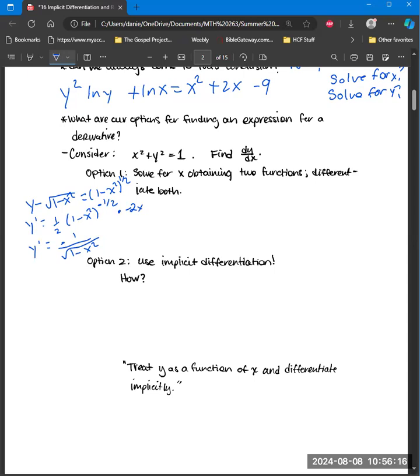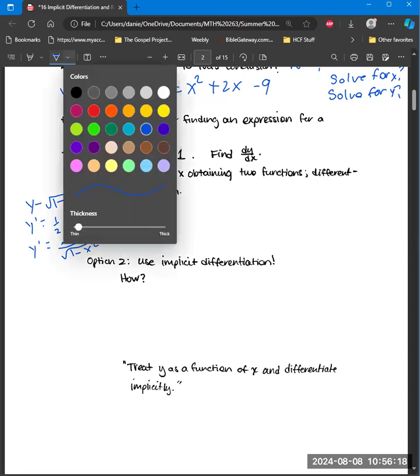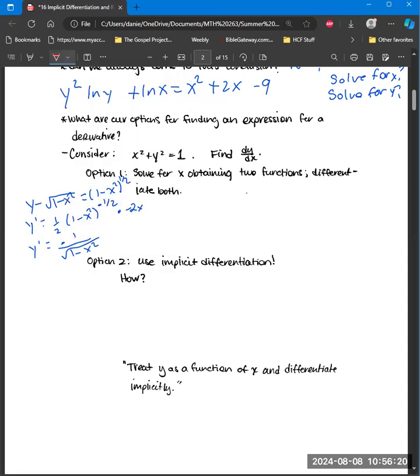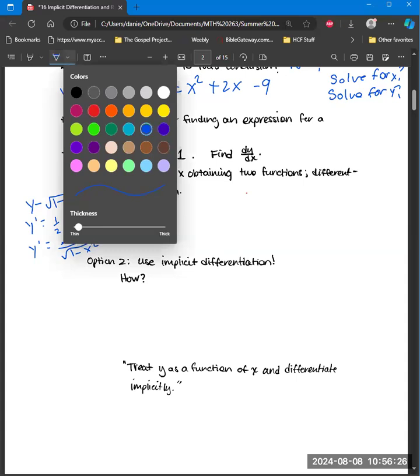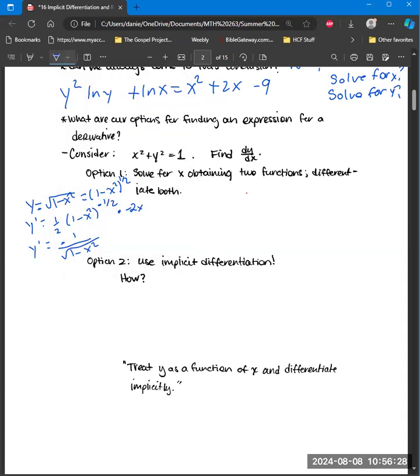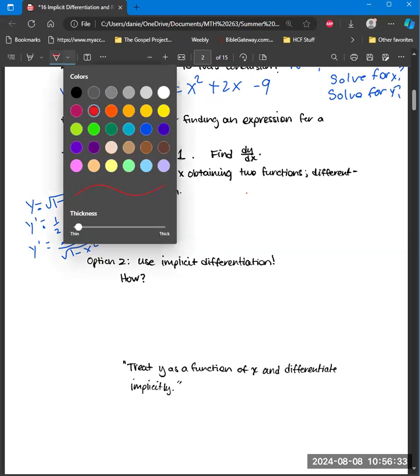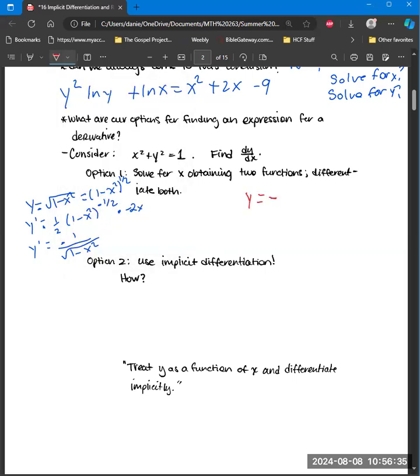Now, if we were going to take the other piece over there that we drew in red, y equals a negative root 1 minus x squared, which is a negative 1 minus x squared to the 1/2.